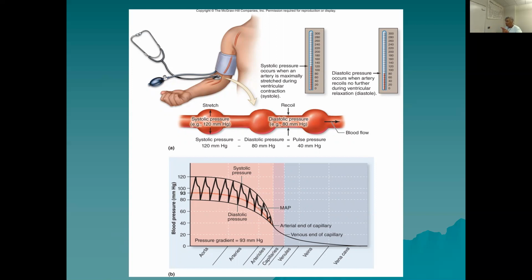And notice the pressure drops from aorta to arteries to arterioles to capillaries, venules, veins, vena cava, back to the heart. It continuously drops. And it's even lower in the atria, even lower in the ventricles. It has to be remembered because otherwise the blood wouldn't flow. From one side of the heart to the other side of the heart, you have to have constantly decreasing blood pressure.